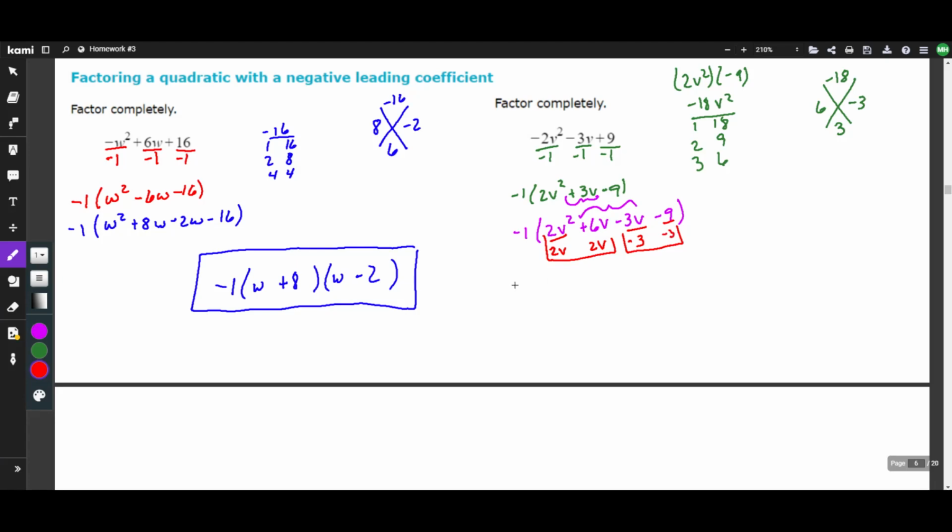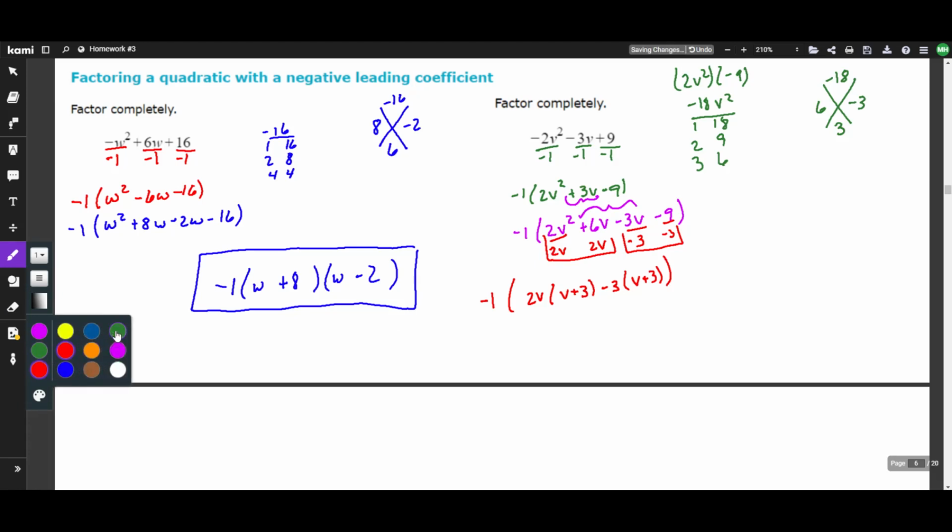So I have a -1 hanging out for my answer. And then my first set of parentheses is 2v with a v plus 3, factoring out a negative 3, a v plus 3. It's looking terrible.